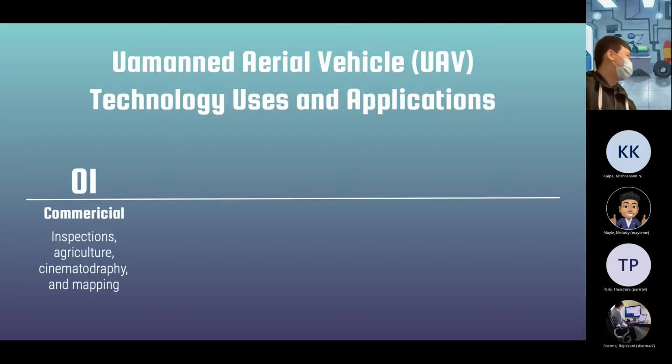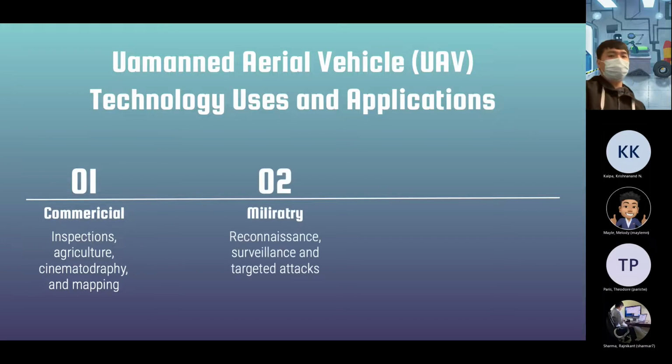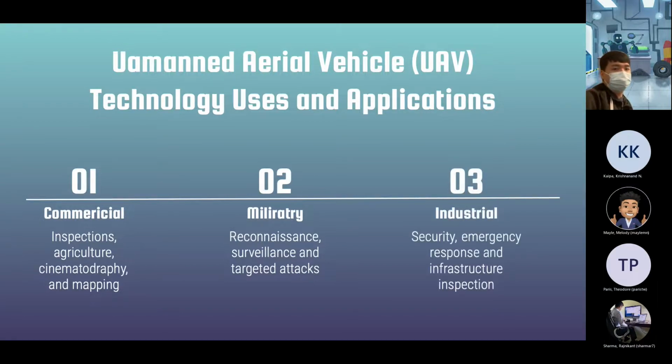For commercial use, we have inspections, agriculture, and lots of aerial photography. For military, we have surveillance, target attacks, and lots of compact UAVs. And for industrial use, we have security and some emergency calls. We can use a UAV to do it.